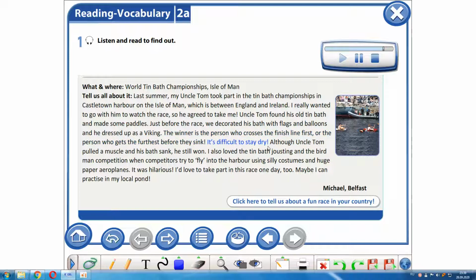It's difficult to stay dry. Although Uncle Tom pulled a muscle and his bath sank, he still won. I also loved the tin bath jousting and the Birdman competition when competitors tried to fly into the harbour using silly costumes and huge paper aeroplanes. It was hilarious. I'd love to take part in this race one day too. Maybe I can practice in my local pond. Michael, Belfast.